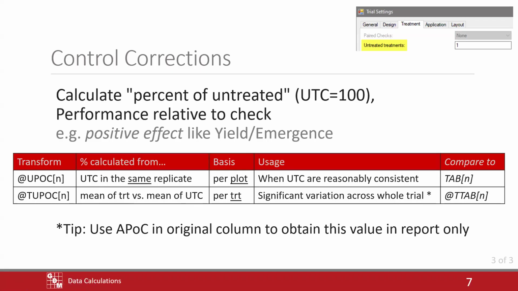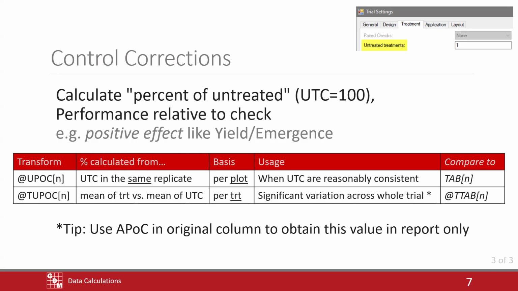Another type of control correction is somewhat of the inverse of the efficacy, and it would be to calculate the percent of untreated. So really, when you're looking to evaluate the performance of your products relative to the check.